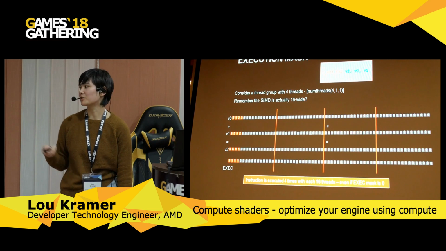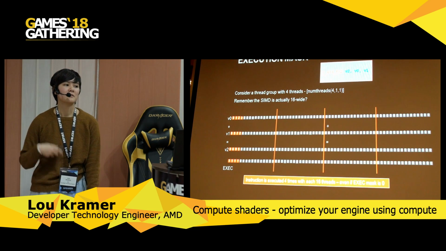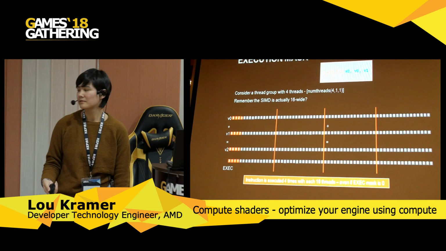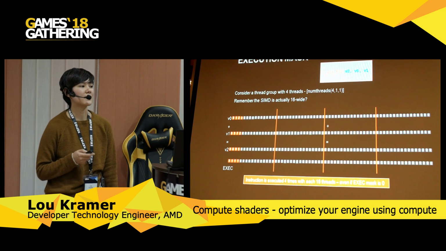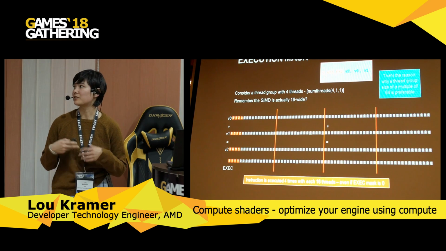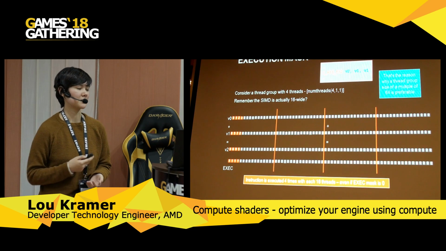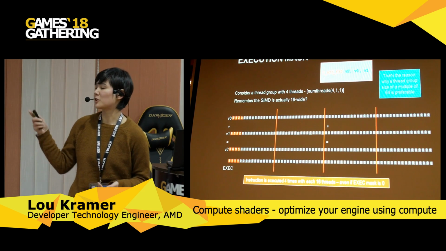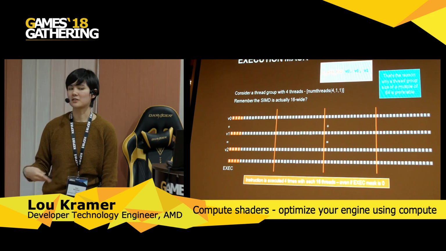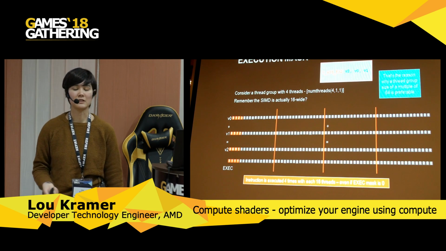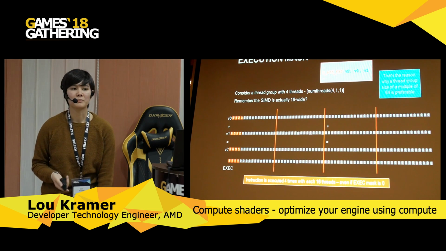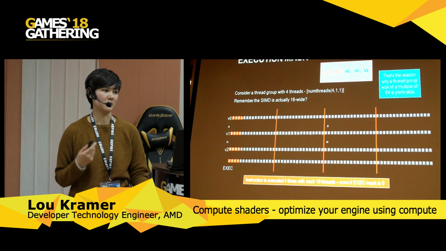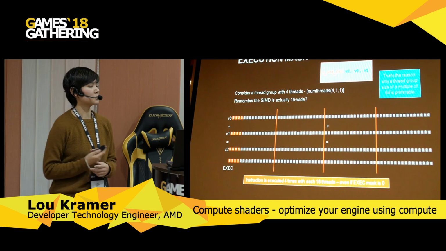And even if all of those 16 threads are deactivated, it still needs to go through it. So this also means that it's preferable to have a thread group size which is a multiple of 64, just because we need to schedule those instructions anyway. So you don't really save anything if you have a thread group size smaller than 64, or a number which is not a multiple of 64.